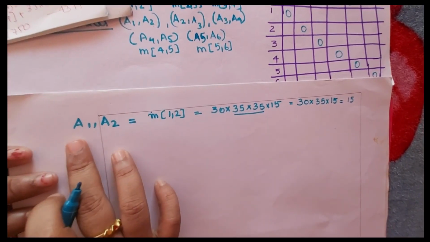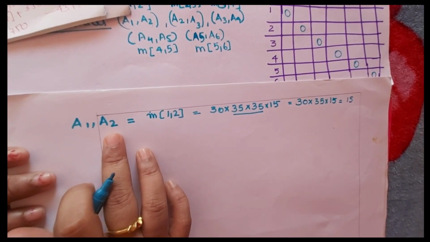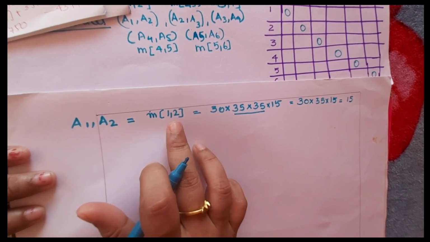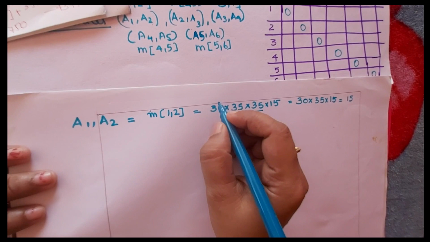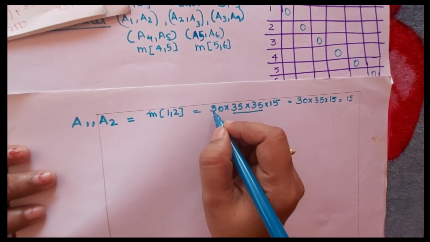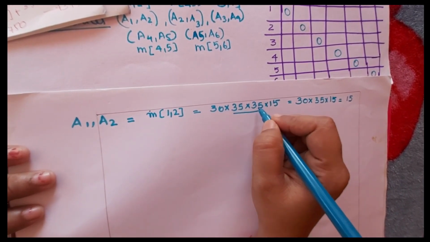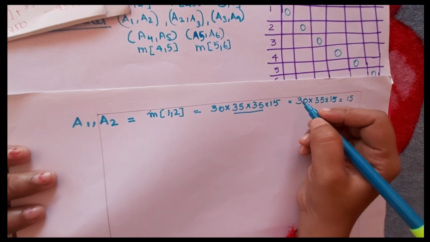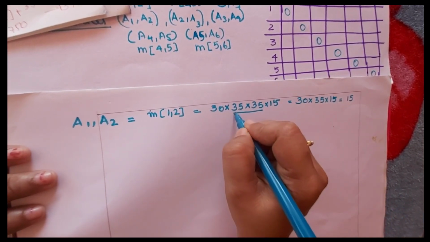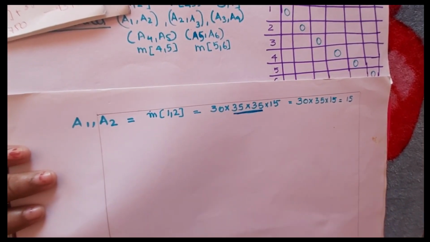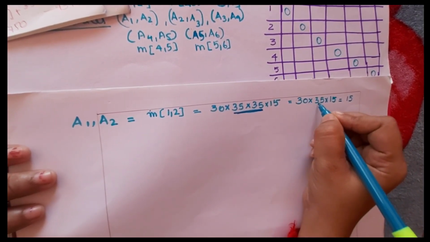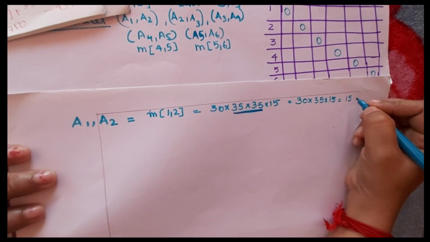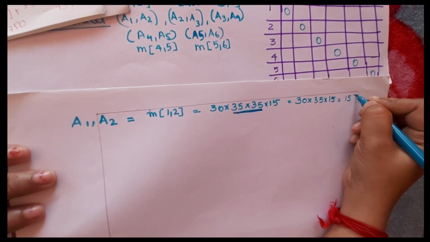So here A1 into A2 you have to perform first. That is written as M of 1 comma 2, which is equal to 30 into 35, the order of our A1 matrix. A2 is 35 into 15. So we can make this 35 into 35 as a single element. So 30 into 35 into 15 is equal to 15750.